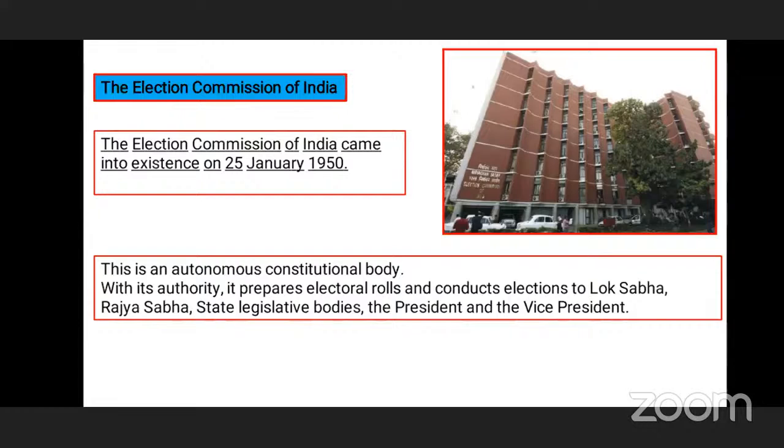In 2010, it completed 60 years. Then from 2011 onwards, every year on January 25th, we celebrate National Voters Day.